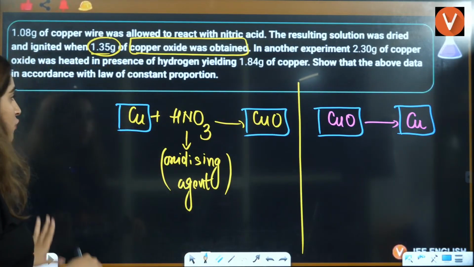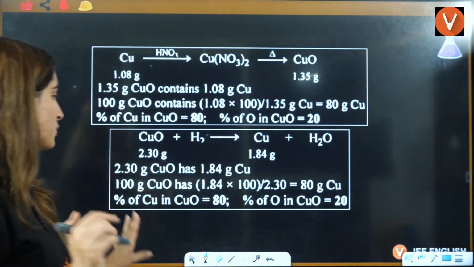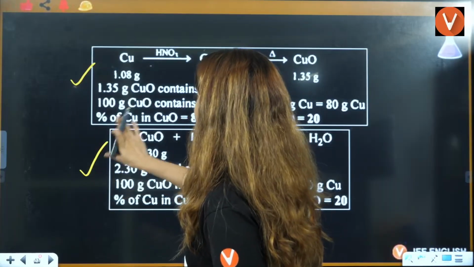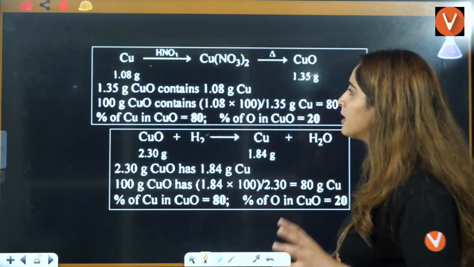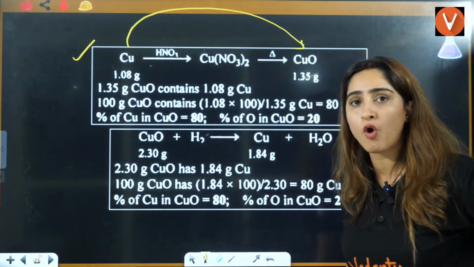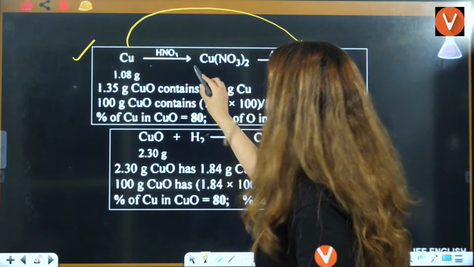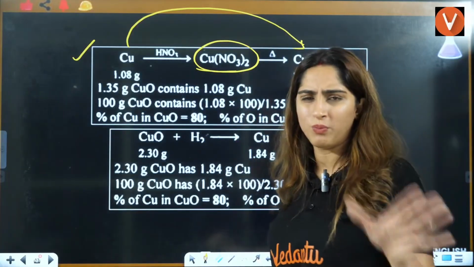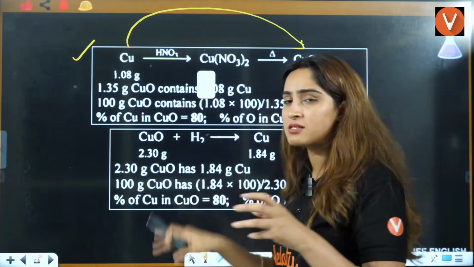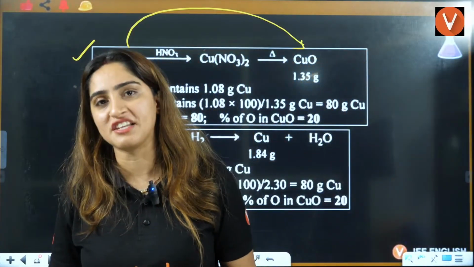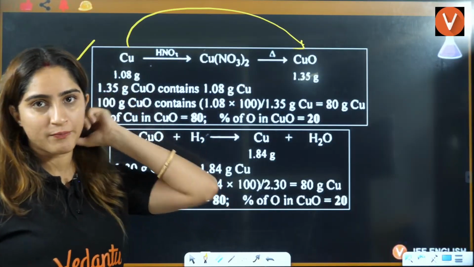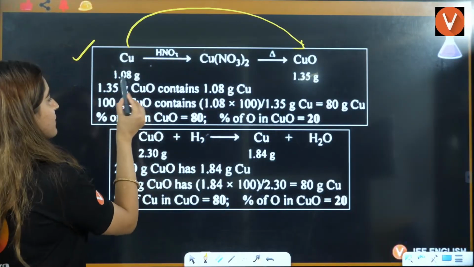Now, we will answer this very easily because we have two experiments. This is the first experiment, the second experiment. In the first experiment, copper is getting converted into copper oxide. Ma'am, do I have to do this? No, because you should know only one thing, that nitric acid is a very strong oxidizing agent, so it is going to oxidize copper to copper oxide. These variables are given to you.